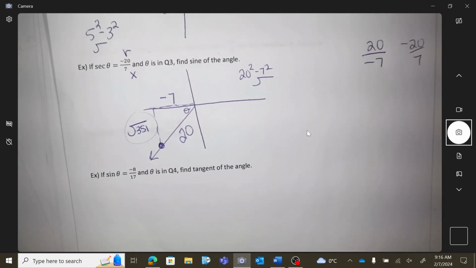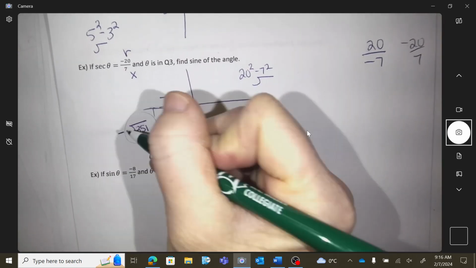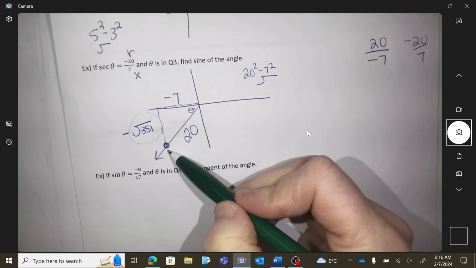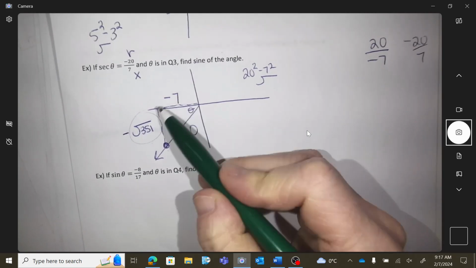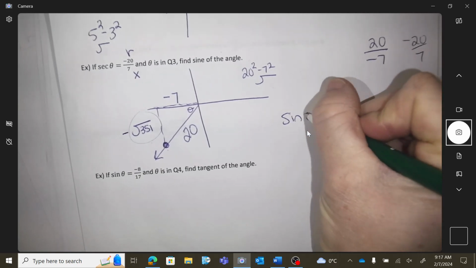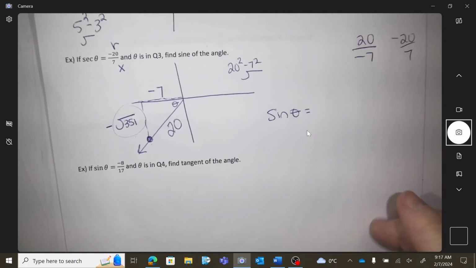Okay, this is a y value. So now you have to talk about location. We did the math, but what's the location? Is that a positive or a negative y value? You should pick negative because it's down. In quadrant 3, your coordinates are negative, negative, right? Left and down, everything's negative. So then my final answer. The sine ratio is what I'm asking for.